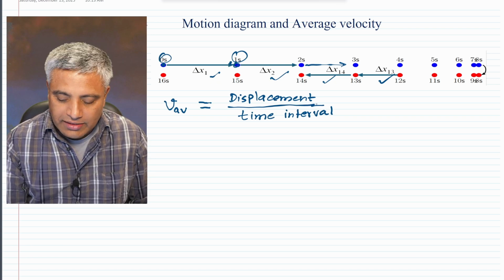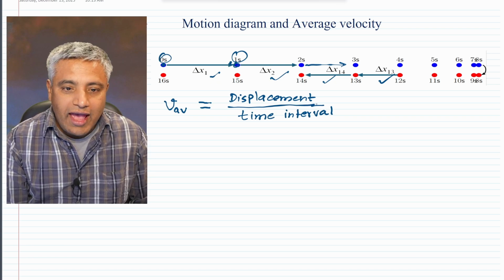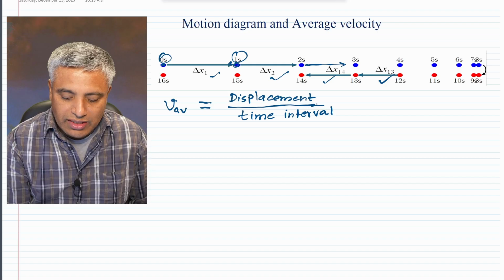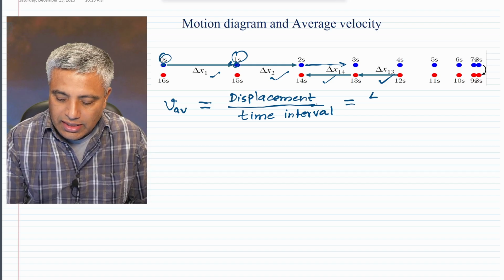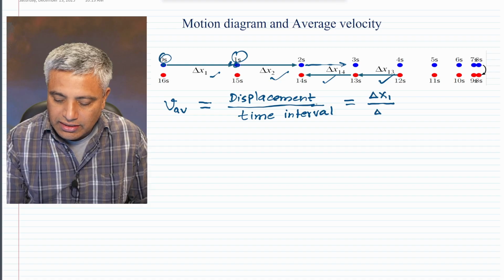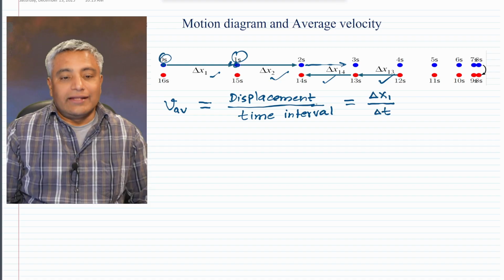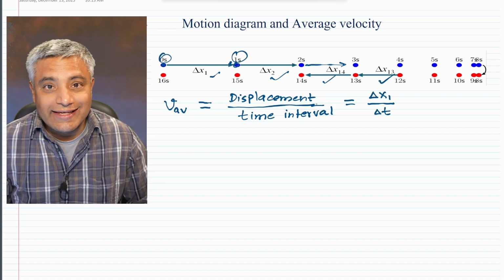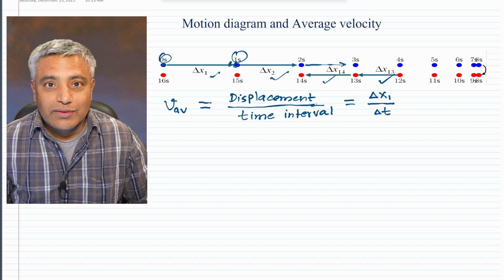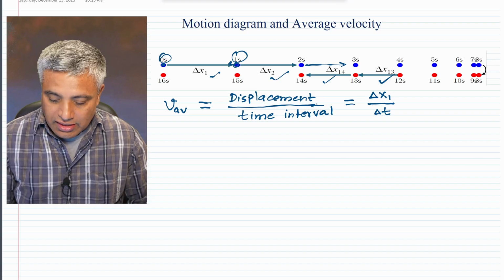So for example, calculating the average velocity between 0 and 1 seconds, I can write the displacement during that time interval divided by the time interval. And in this case, this time interval is exactly 1 second, but it could be any.